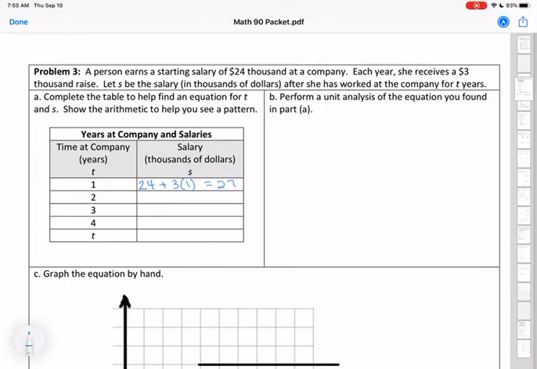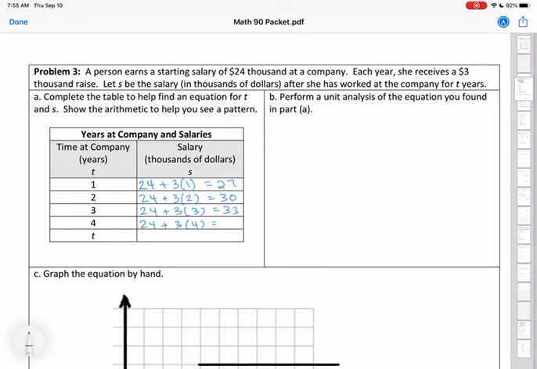Now say it's been 2 years. Starting salary was 24 plus 3,000 a year, but now it's been 2 years. So now I have 24 plus 3 times 2, I get 30. Next, I have 24 plus 3 times 3 for 33. And finally, I'll fill in that 4.